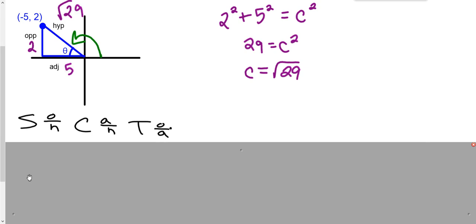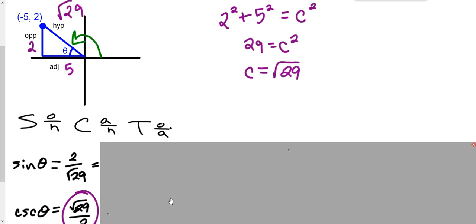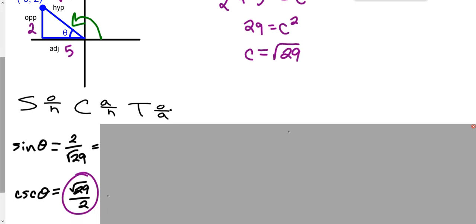So that's going to be the opposite, which is 2, over the hypotenuse rad 29. So you see I have 2 over rad 29. And the reciprocal, the cosecant, is going to be rad 29 over 2. Once you have sine, you can then find the reciprocal function cosecant. So you know that'll be rad 29 over 2.